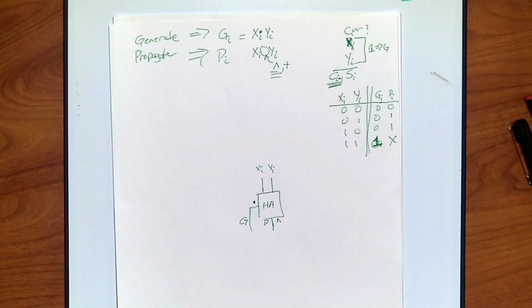Now, what if I didn't have that? Which one would be easier, XOR or OR? Why is OR better? It is, but why? How the gate is constructed.